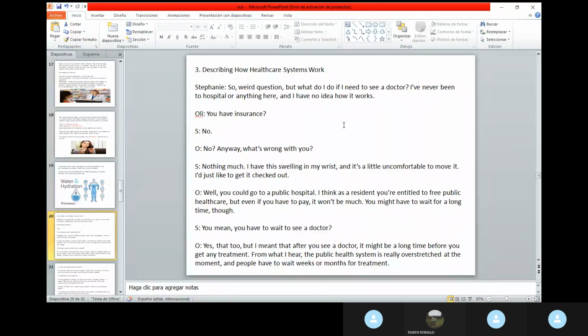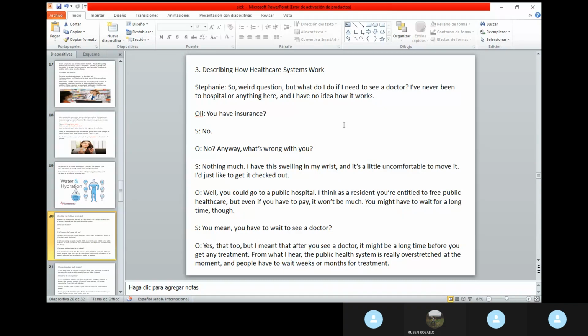So, a quick question: what do I do if I need to see a doctor? I've never been to a hospital here, and I have no idea how it works. Do you have insurance? No. Anyway, what's wrong with you? Nothing much. I have this swelling in my wrist, and it's a little uncomfortable to move it.